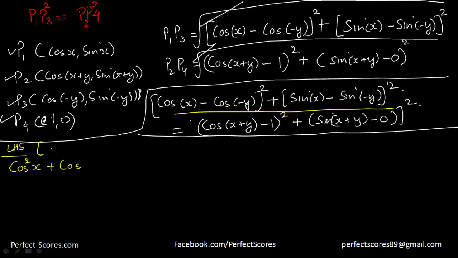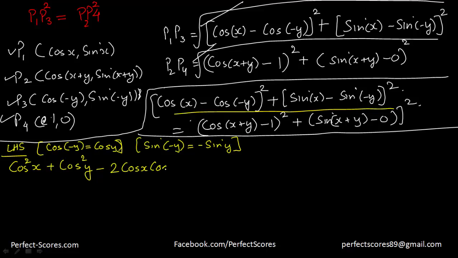Now there is one thing you need to know: the value of cosine of negative y is equal to cosine of y, and the value of sine of negative y is equal to negative sine y, something we have already established in our previous videos. So this is going to be cosine square y, because the negative doesn't matter, minus 2 times cos x and cos y. So I've opened this term up.